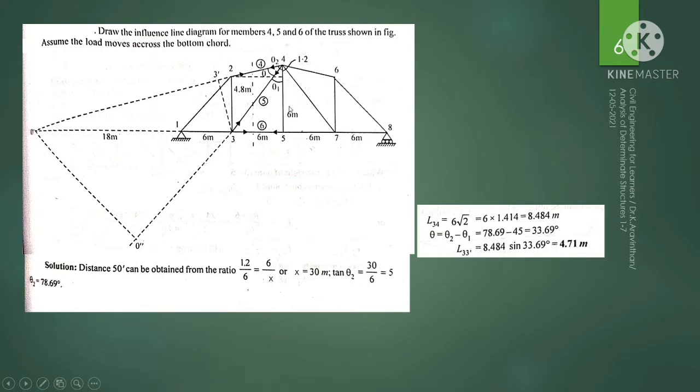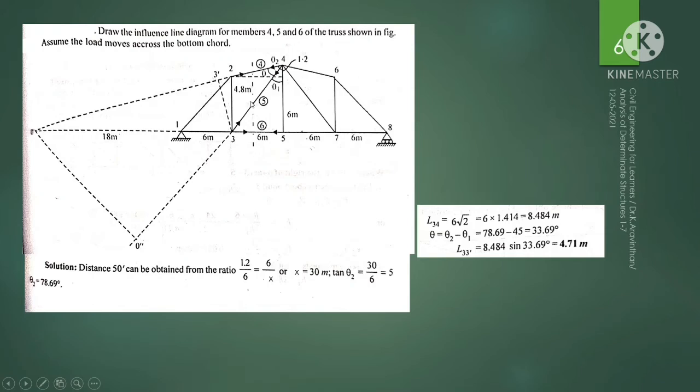You know the side, this is 6 meter and this is 6 meter, and this angle will be theta 1. So this theta 1 will be 45 degree. Why? If the sides are equal, that is 6 meter by 6 meter, then automatically this will be 45 degree.